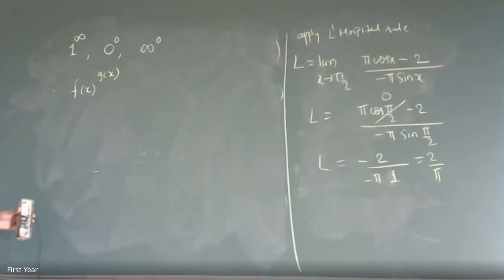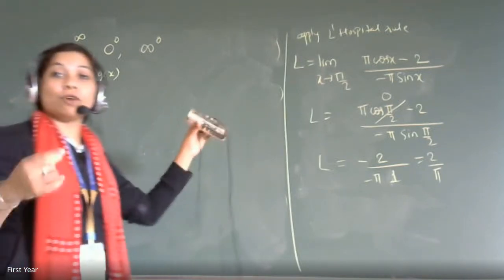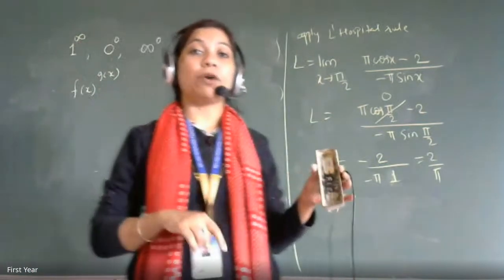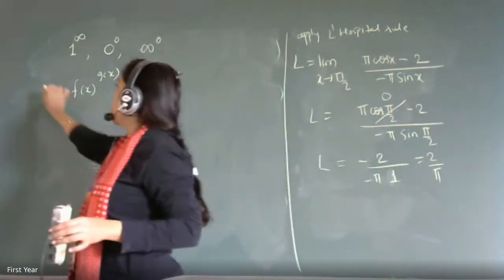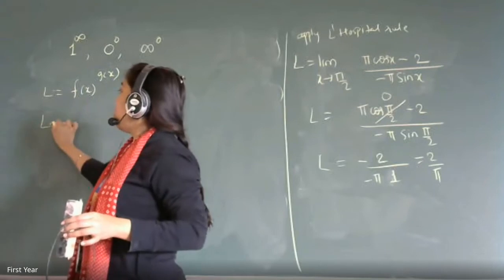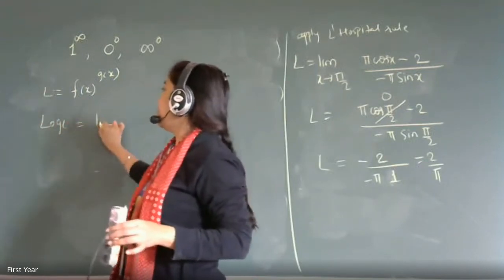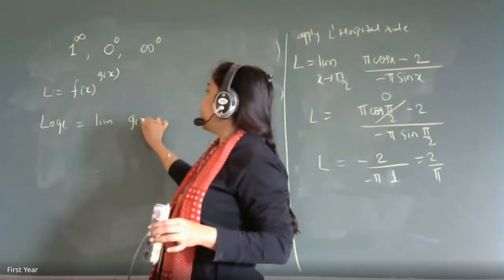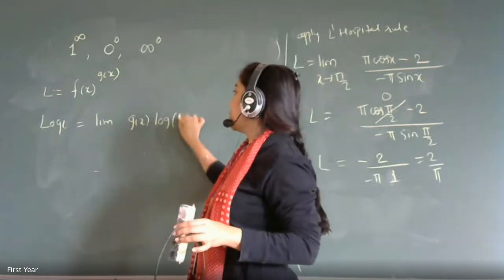You first take log, then the power will come down, and then we do differentiation. When we apply log, g of x will come in product, so the limit will be g of x into log of f of x.